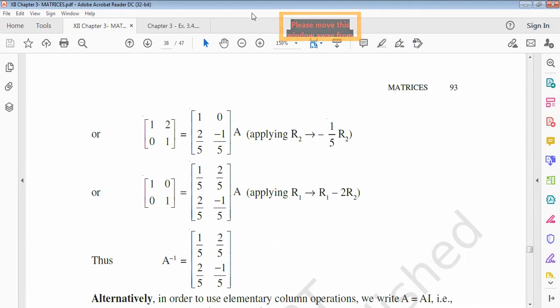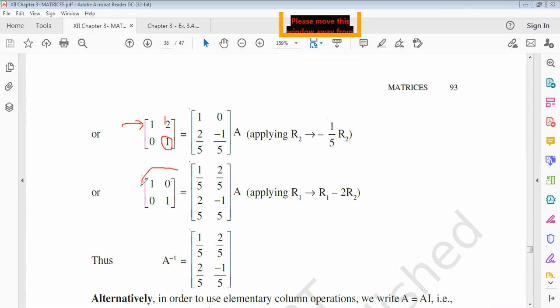Now with the help of this element 1, we are making this element 0. So what do we have to do? Now we are operating on row R1. R1 tends to R1 minus 2 times R2. इस एलिमेंट को 2 से मल्टीप्लाई करेंगे और इसमें से सब्ट्रैक्ट कर देंगे. So this element becomes 0.